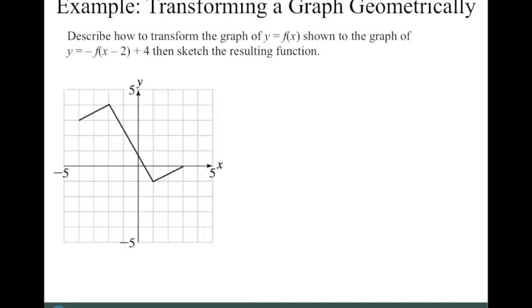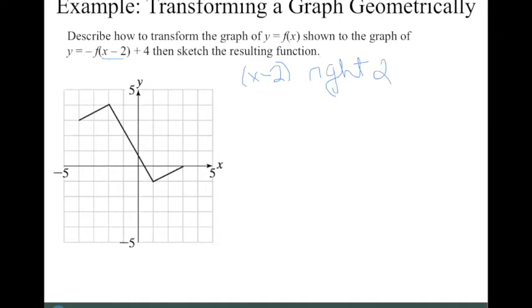So our first transformation, following order of operations, is f of x minus 2. It's before I take the function, right? It's inside of f of x, and therefore I need to do that -2 horizontally. So if I have x minus 2, that's going to shift right by 2, because it's horizontal.